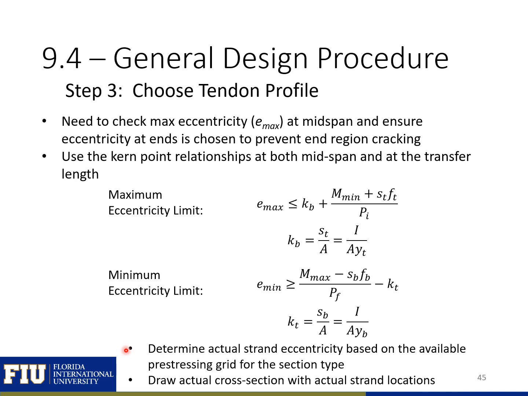We would need to talk to our local precaster or look at our design aids or design guides to see where we can put strands. And then finally here we would draw our actual cross section with the actual strand locations. And then we would transition from the design phase of our design to the analysis phase of our design process.